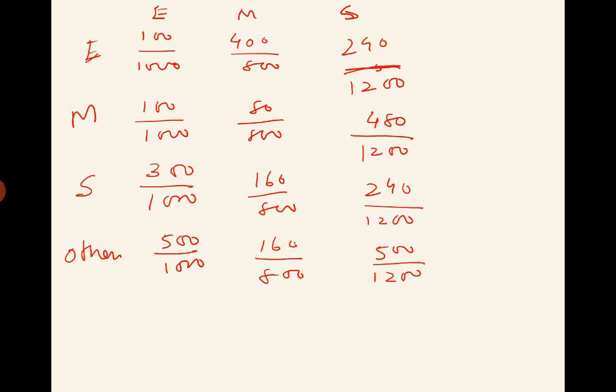So if we consider this as the ratio, this matrix among the three sectors is our coefficient matrix.